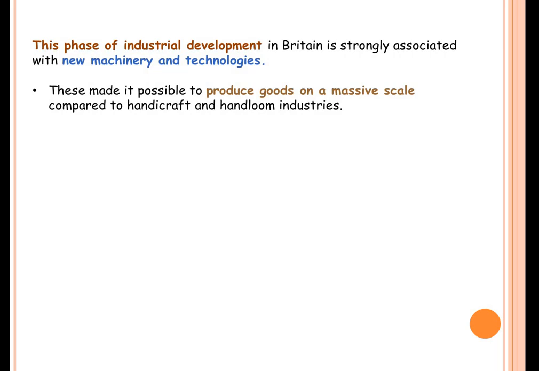This phase of industrial development in Britain is very important because it is associated with new machinery and technology, which made it possible to produce goods on a massive scale, compared to handicraft and handloom industries and the small scale guild system.